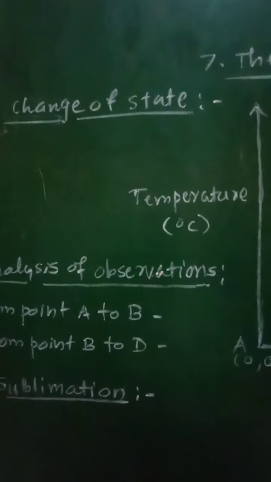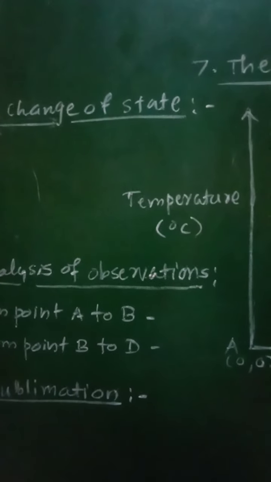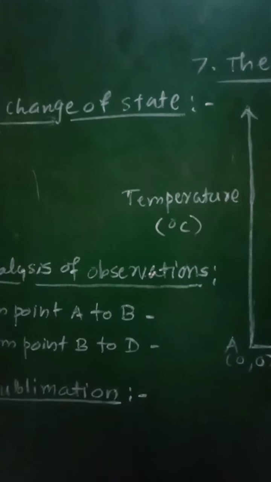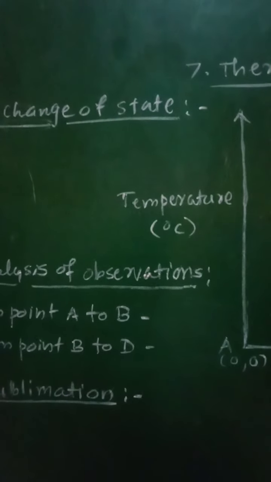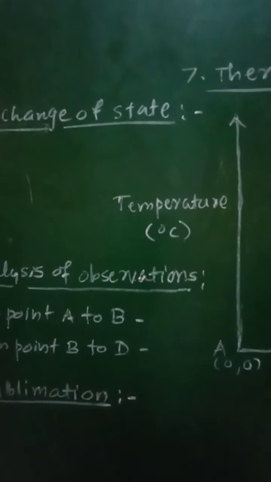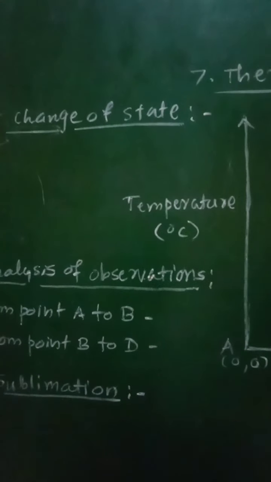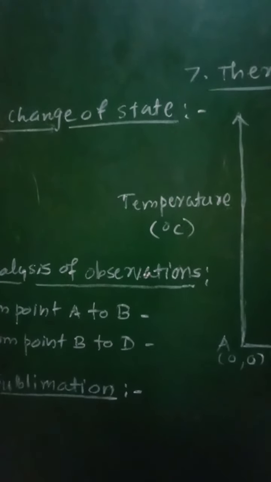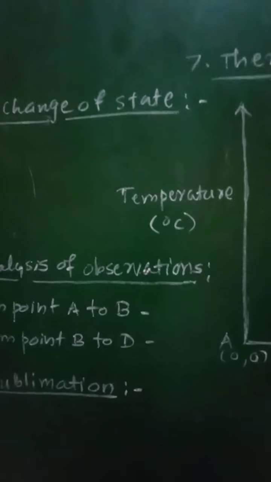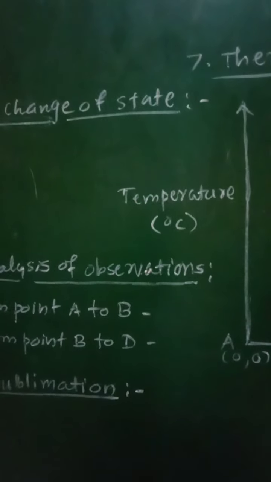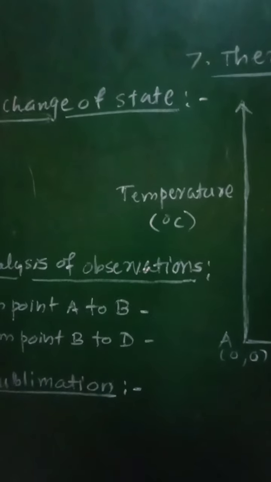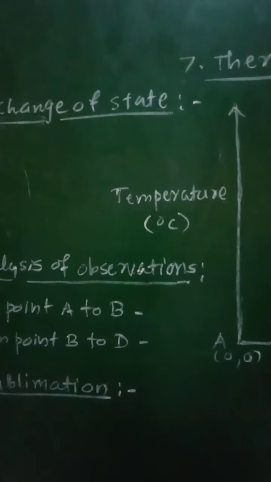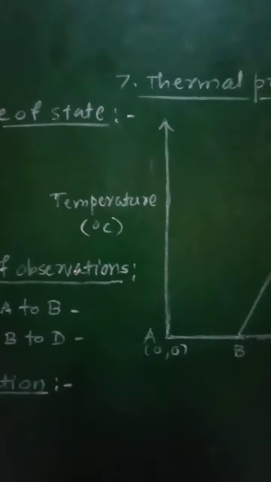In order to explain this change of state of any substance, let us consider the variation of temperature with time. When heat energy is supplied to any substance, at every time interval we will have to study the changes in that state, and therefore let us consider the variation of temperature with time.